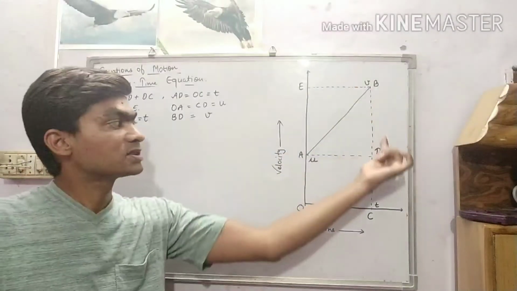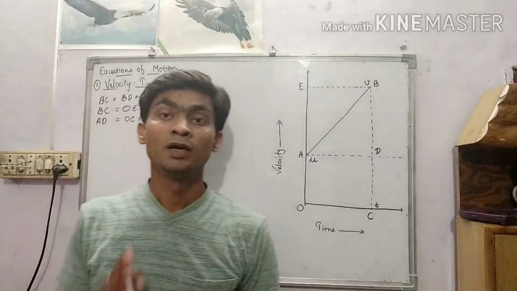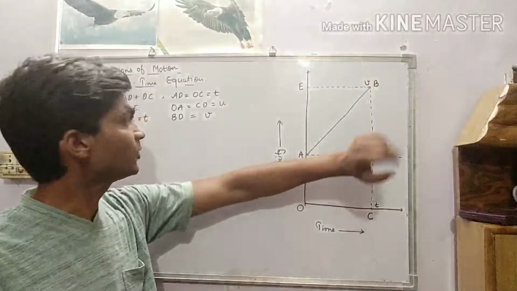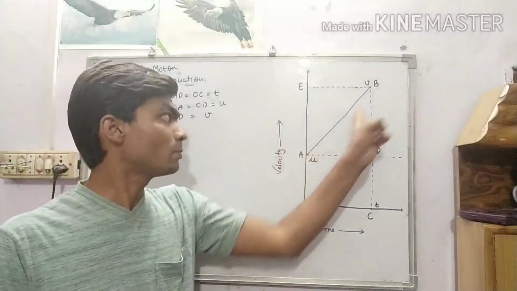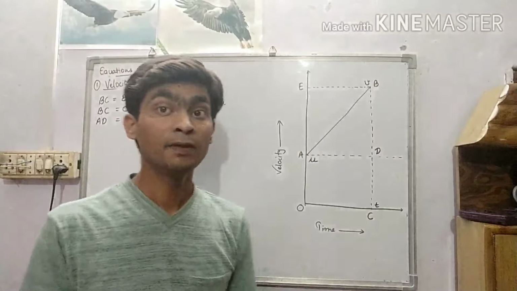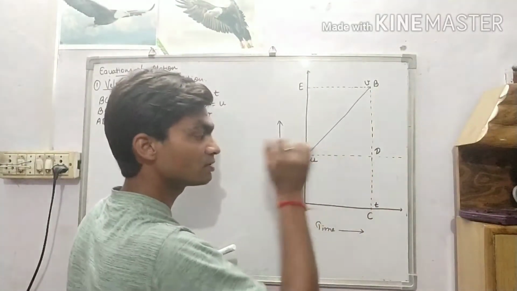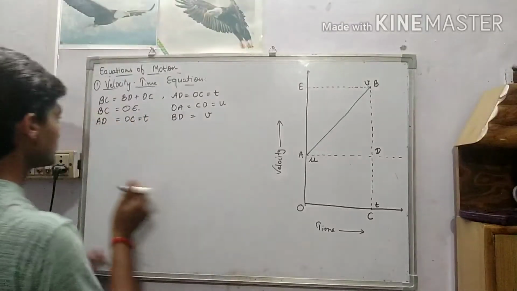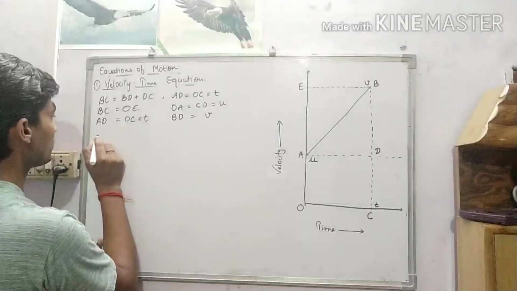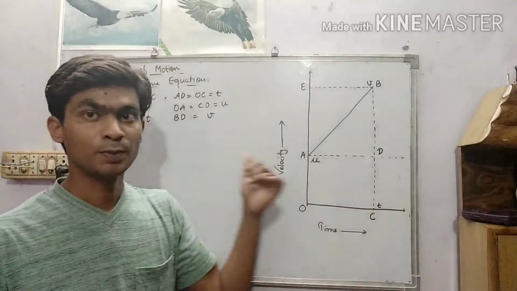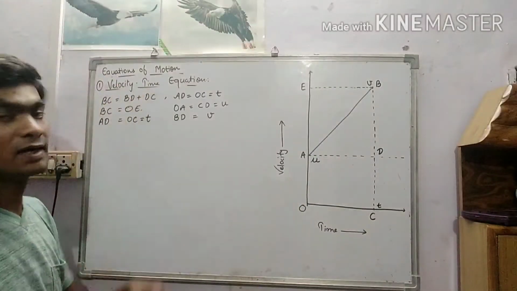I have written the same notations as written in your NCERT textbook. Here you can see the slope of the line AB can be found by taking the ratio of BD with AD. Now we have to set the relation between the velocity and time.